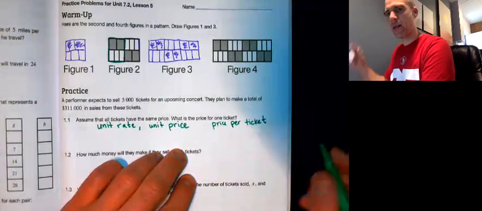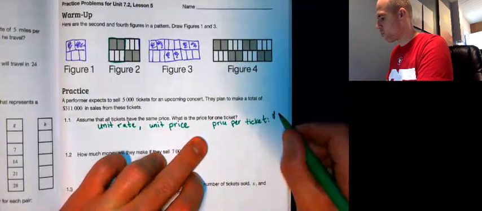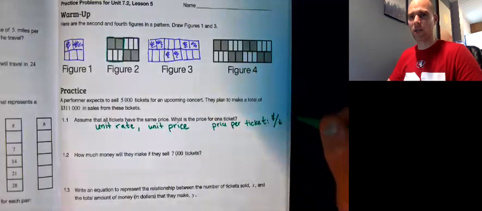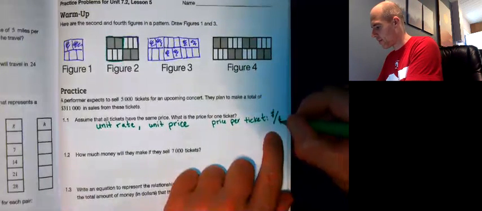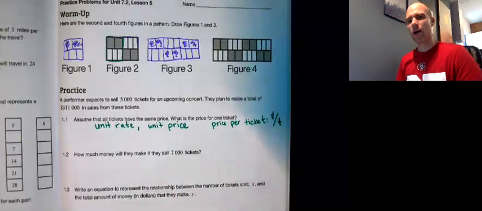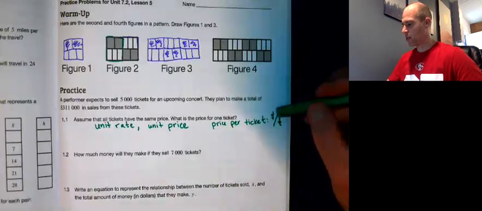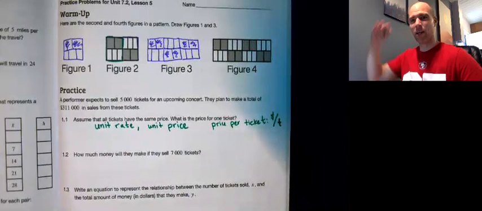And we can write that using units and symbols as dollars per ticket, right? Dollars, and then the slash kind of means per, and then the T stands for ticket. All right, well, this actually kind of tells you how to solve the question too. Dollars per ticket also kind of looks like a fraction with the dollars on top and tickets on bottom.